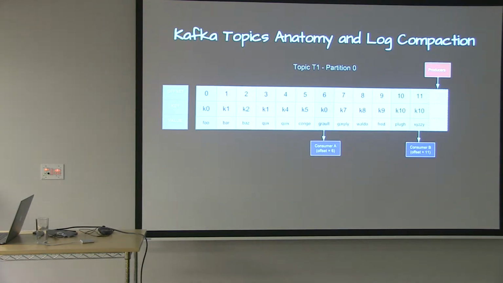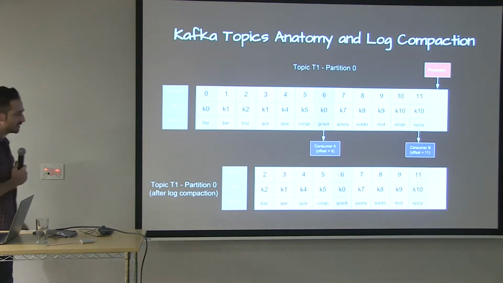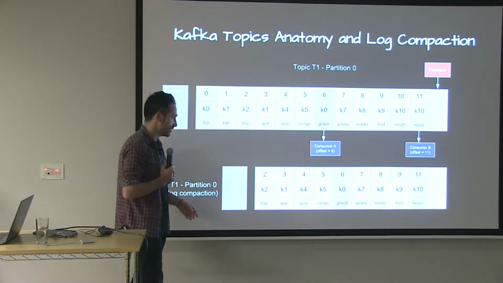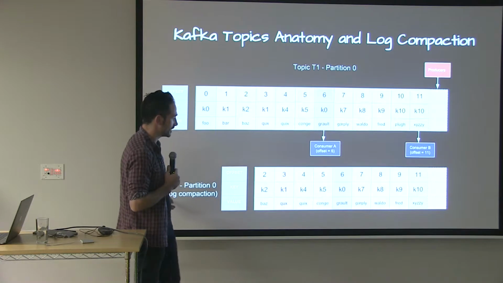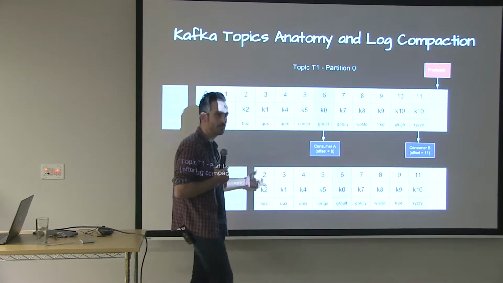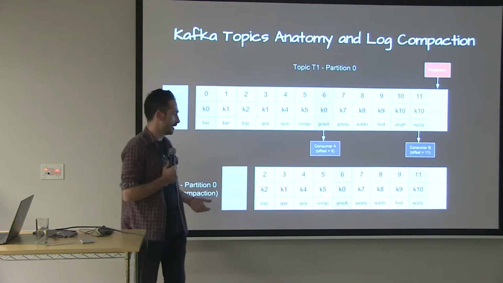A really important feature of Kafka that we use often here is the log compaction. Basically you can set a topic as log compacted. What it means is that there is a job that from time to time runs, and basically what it does, it removes the old version of the keys.